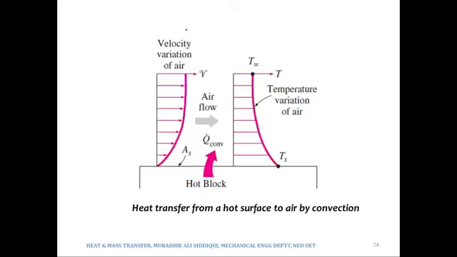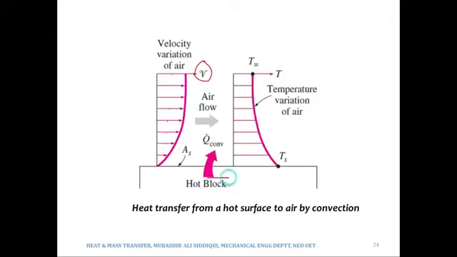This is the velocity profile, where the velocity is increasing from 0 to the free stream velocity. So 0 velocity, 1 meter per second, 2 meters per second, 3, 4, 5, 6, and then ultimately 10 meters per second if it is 10 meters per second.